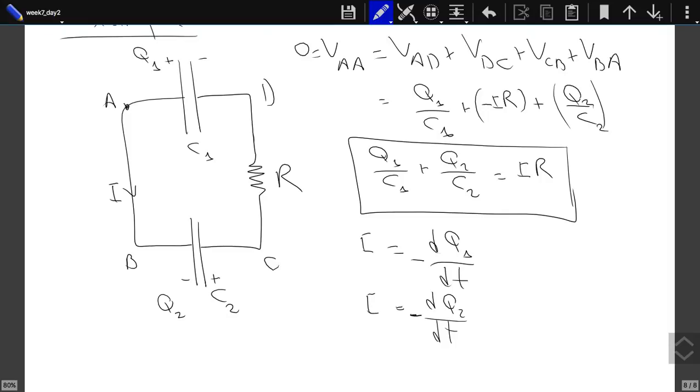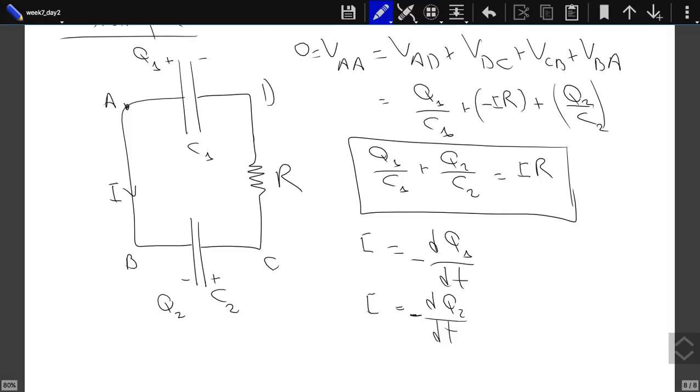Although we know that in metals the current is due to the motion of the electrons, let's just forget about that for the time being. Let's treat the current as the flow of positive charges. They will be the same. So if I is positive and if I wait 1 unit of time, there will be I positive charges that flow through the circuit, right?